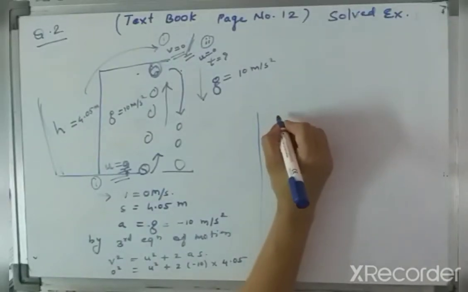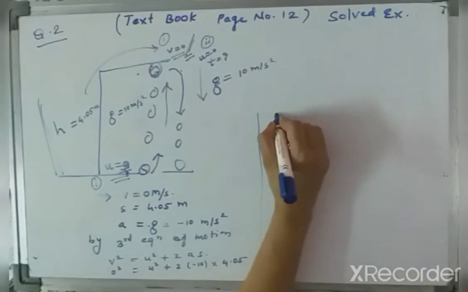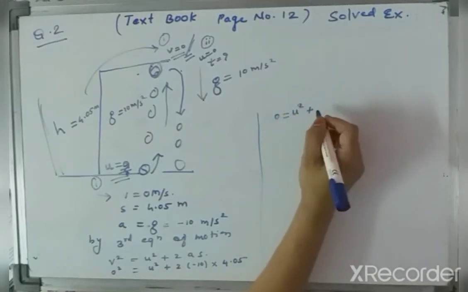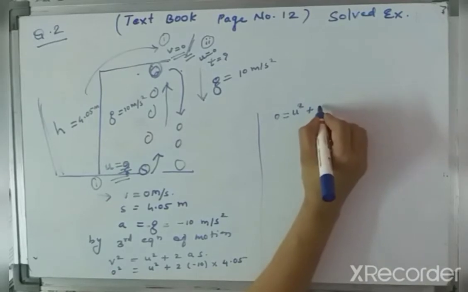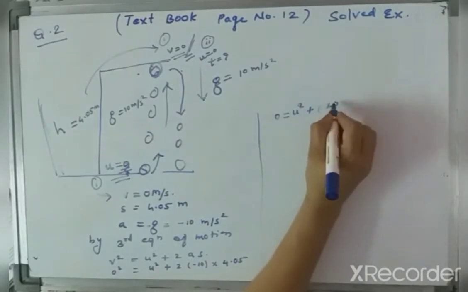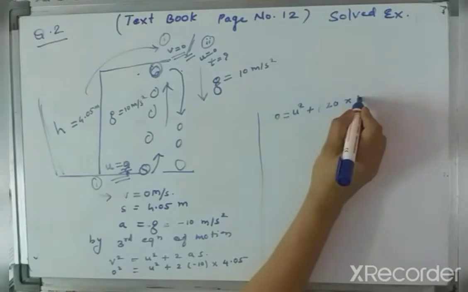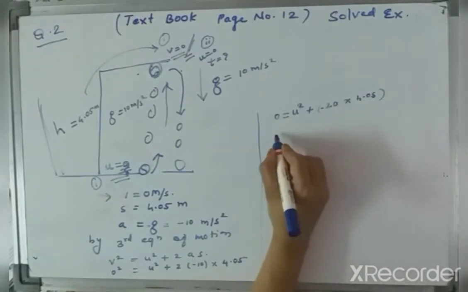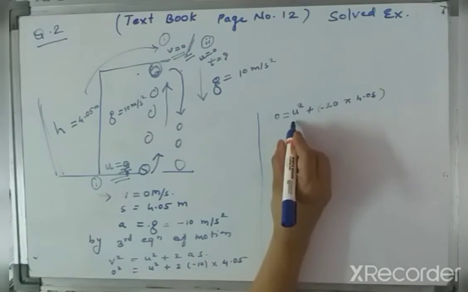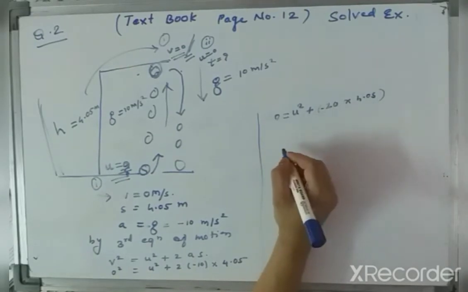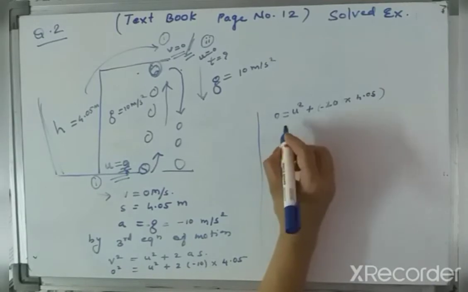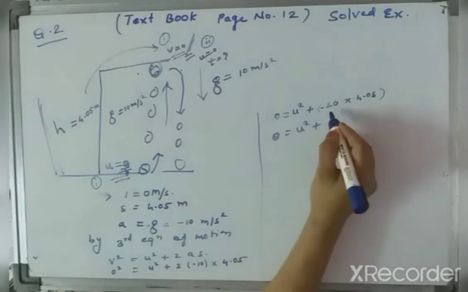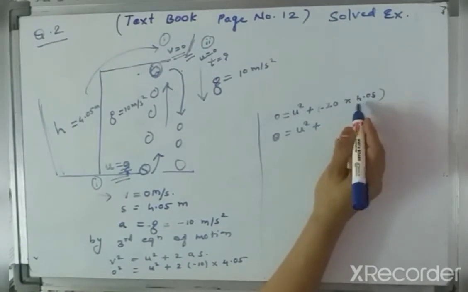So 0 is equal to u square plus 2 into 10, 20, multiplied by 4.05. This negative sign is for direction. So we have to calculate u square. 0 is equal to u square plus 20 into 4.05.